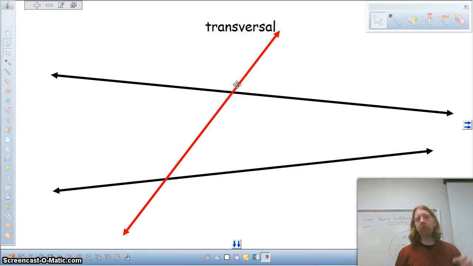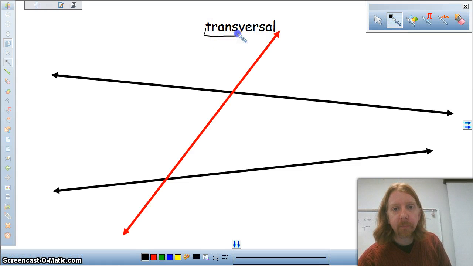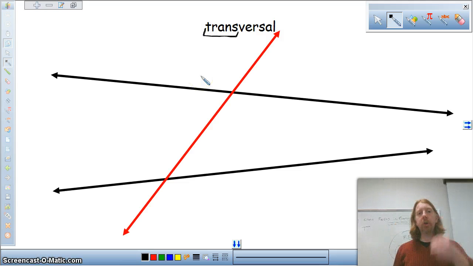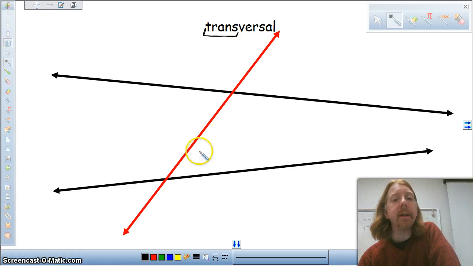Now, if you think of my two black lines as railroad tracks, and then you've got the wood supports that hold them together, each of those wood supports transverses the two tracks. Trans as a prefix means to go across. The Transcontinental Railroad went across the continent. A transatlantic flight, Charles Lindbergh, went across the Atlantic. A transversal line goes across the other two lines.